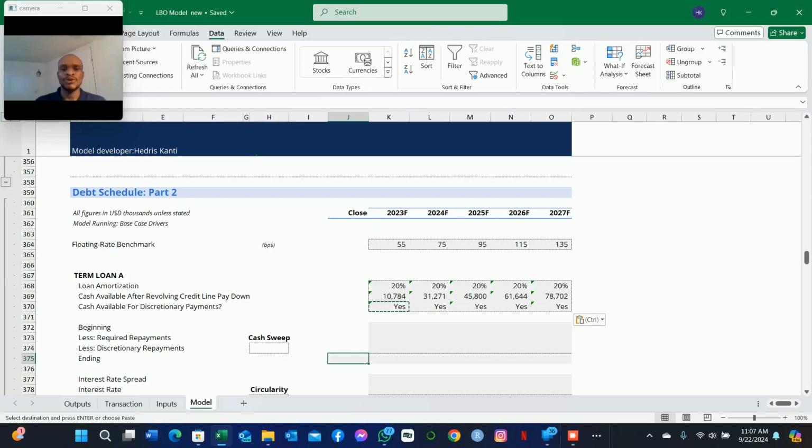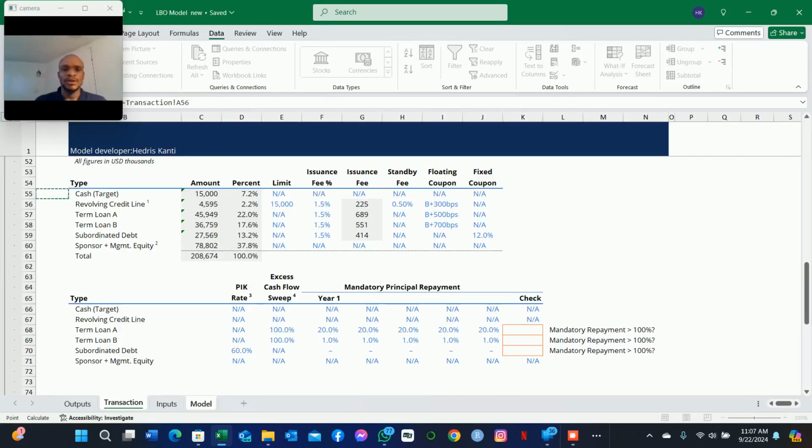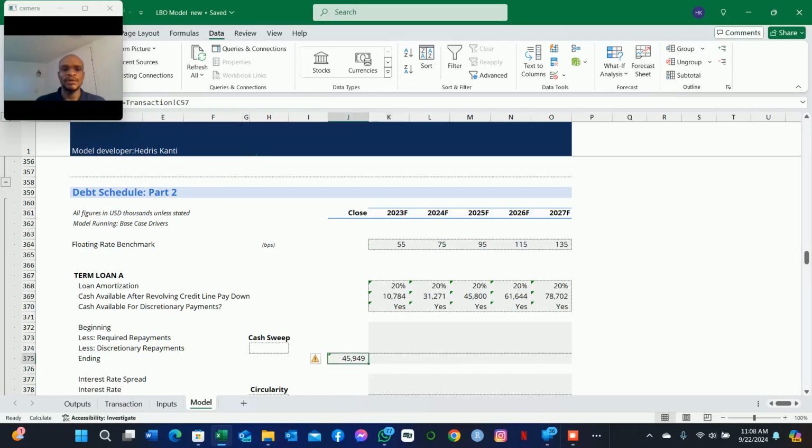Going forward, to pay down the term loan A, it's going to be a schedule calculation. This private equity firm borrowed roughly $45 million for this tranche of debt. You reference that, so they have to pay this off. It's going to be a schedule calculation where the current period is equal to the previous period's closing balance.